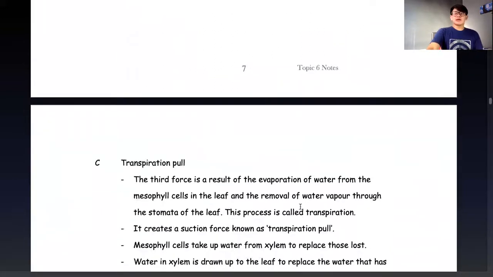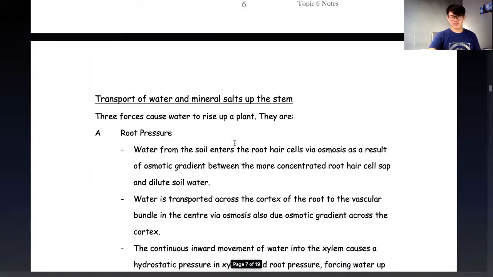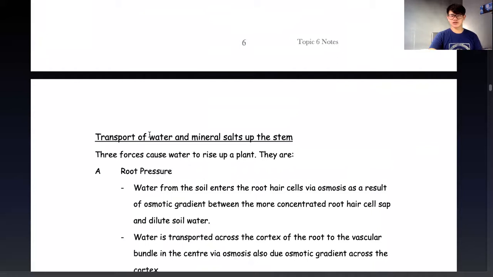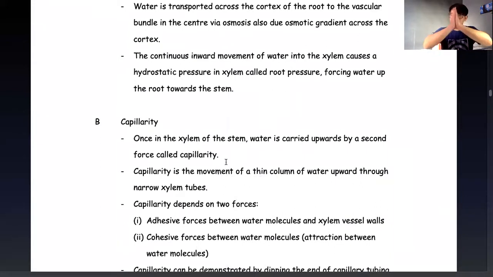Okay, and if you remember, there are three forces transporting water and minerals up the stem. First, root pressure creates a bit of forcing so the water can go up. Next is capillarity. Once the water goes up, you pull the beads and they also stick to the walls.